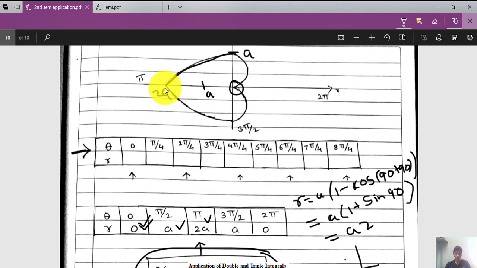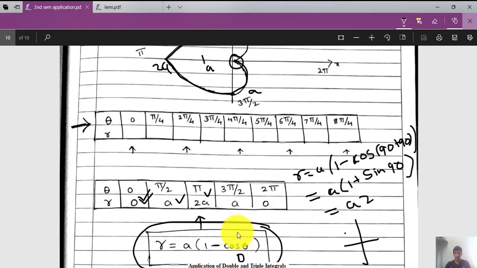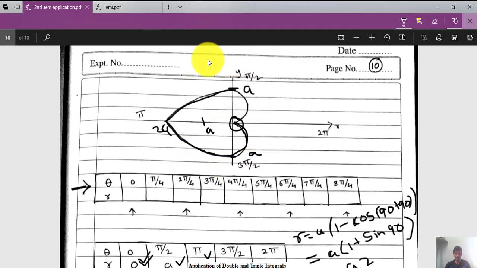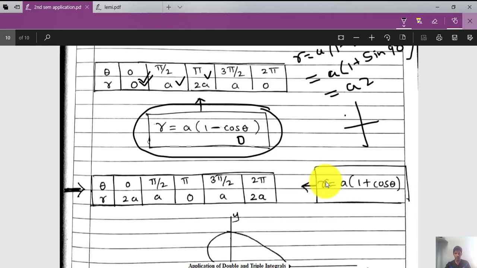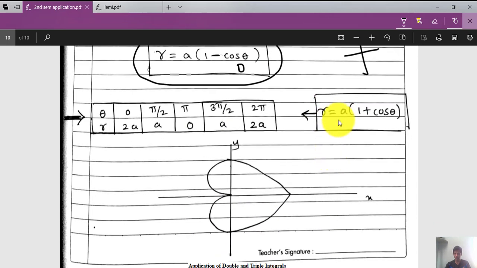Similarly, moving from pi to 3 pi by 2, you will have all these values tracing till a, this is a, and then if you take from 270 to 360 degrees, you will have this particular value. So this is the cardioid. Similarly, if you take the values of r is equal to a(1 plus cos theta) with standard angles, this will be the rough sketch of it.